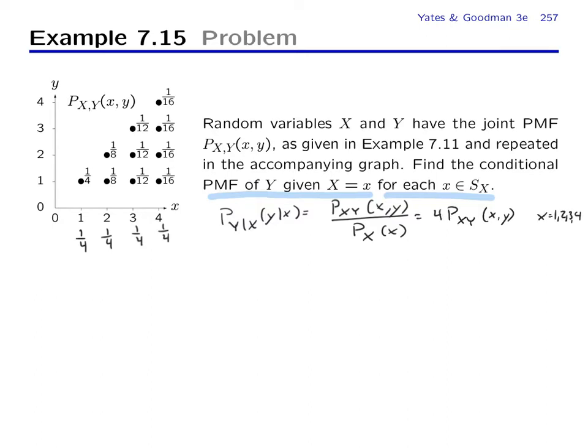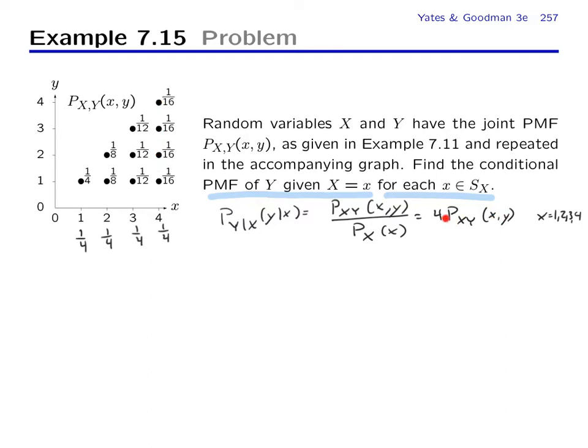So it seems like we're all done, but it's worth noting that this is really 4 different conditional PMFs. For each x, Y has non-zero probability on the integers 1 through x. For example, for x equals 4, Y could take on the value 1, 2, 3, or 4.